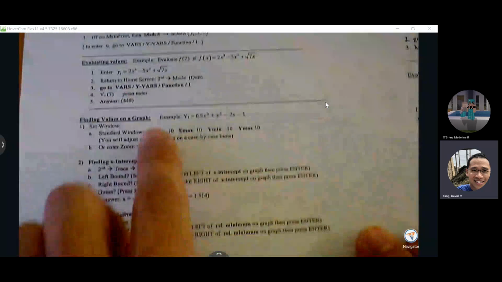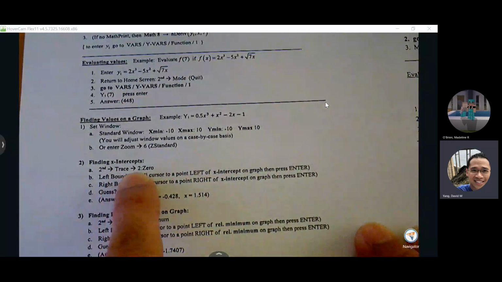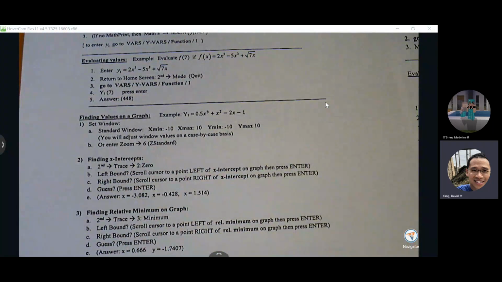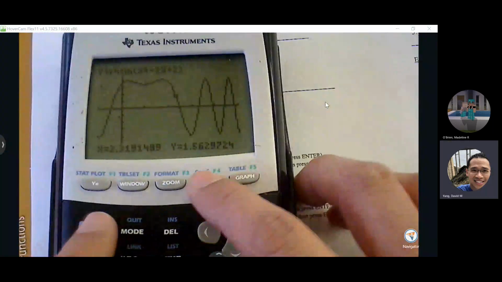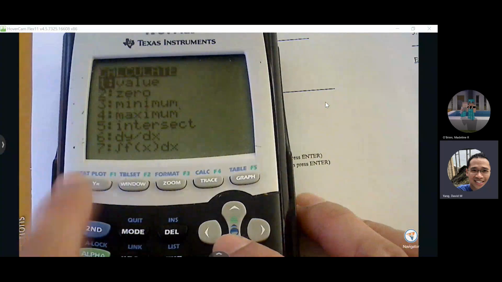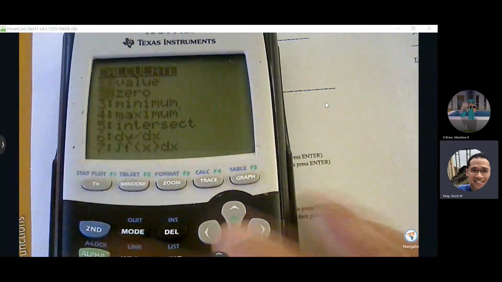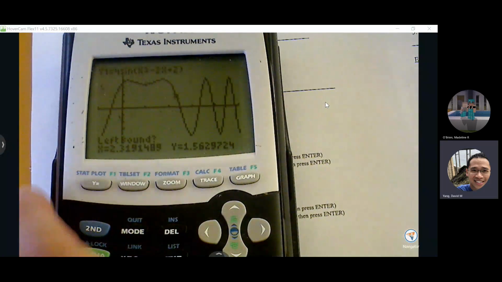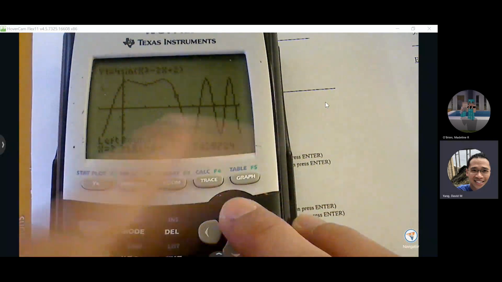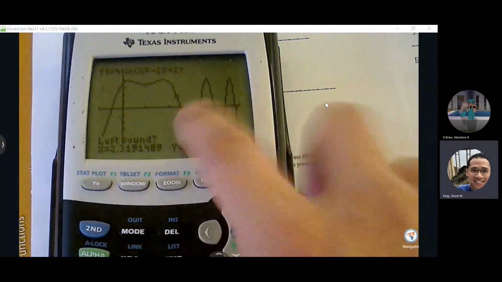So to find these x-intercepts, we're going to go to second trace. Okay. So if we do second trace, you're going to be looking for an x-intercept. So click on that 0. Now you're going to place the cursor to the left of your target.